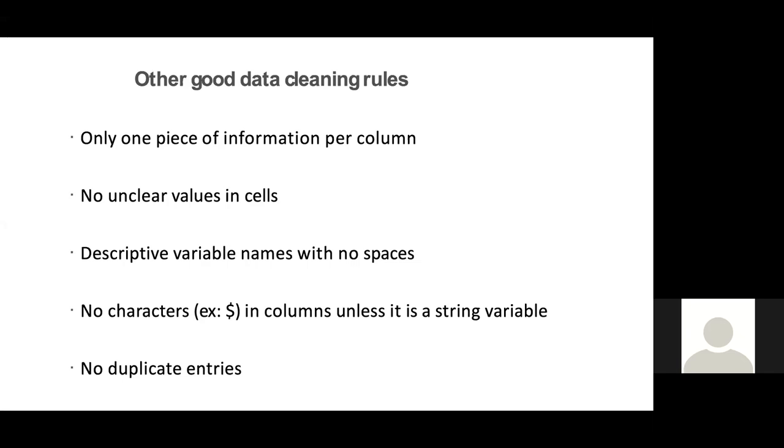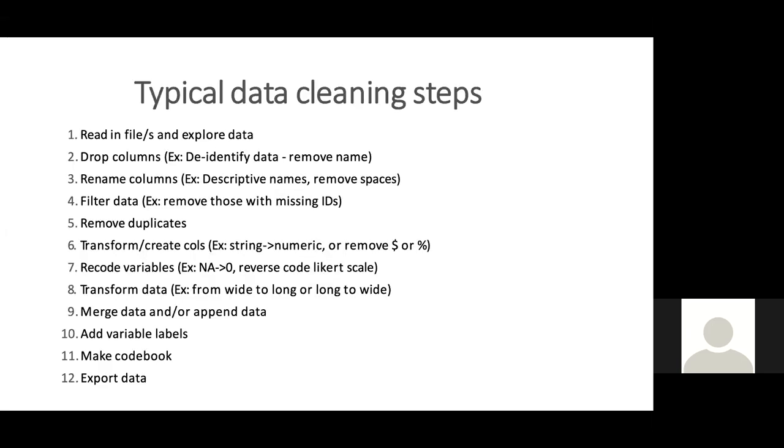So: no unclear values in cells, and descriptive variable names with no spaces. All these are some of the things that make us check the data and ensure there are no problems with it, and to ensure there is no double entry.